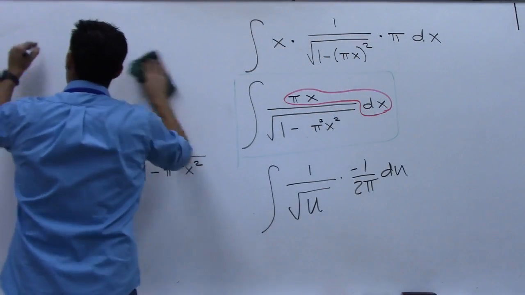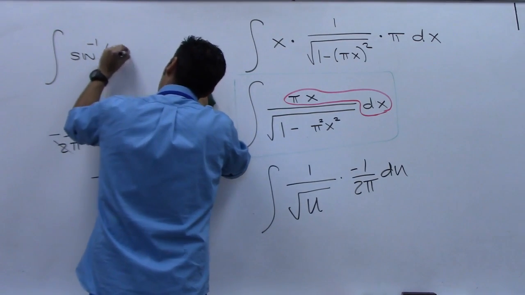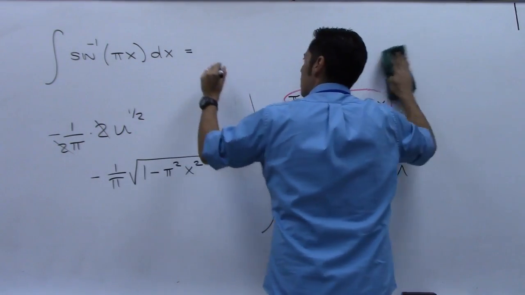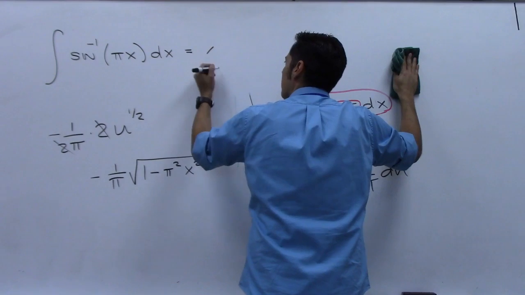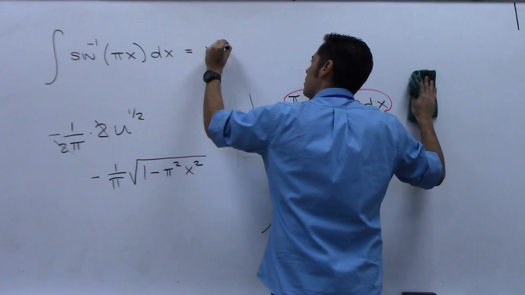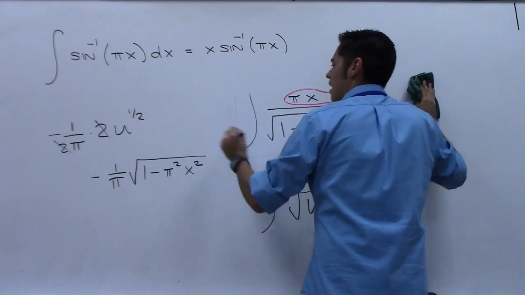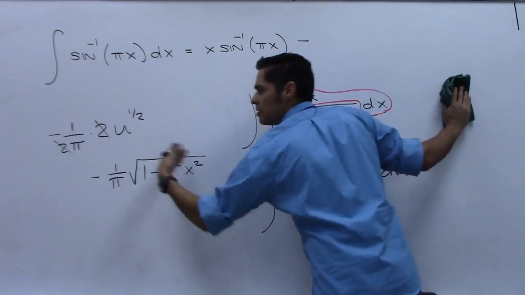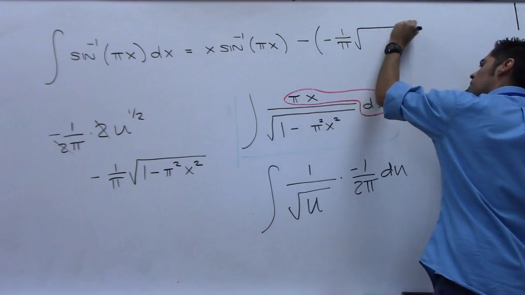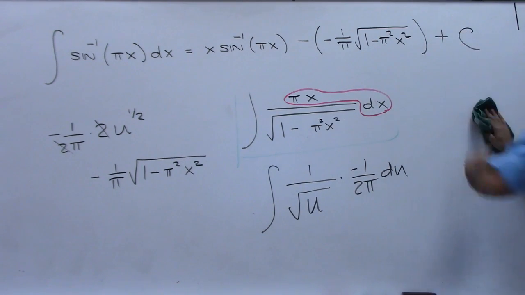The original integral, which was arc sine of pi x dx, is equal to u v, which was, I don't remember, x times arc sine pi x. Minus now this, right? So another negative 1 over pi square root 1 minus pi squared x squared plus c.